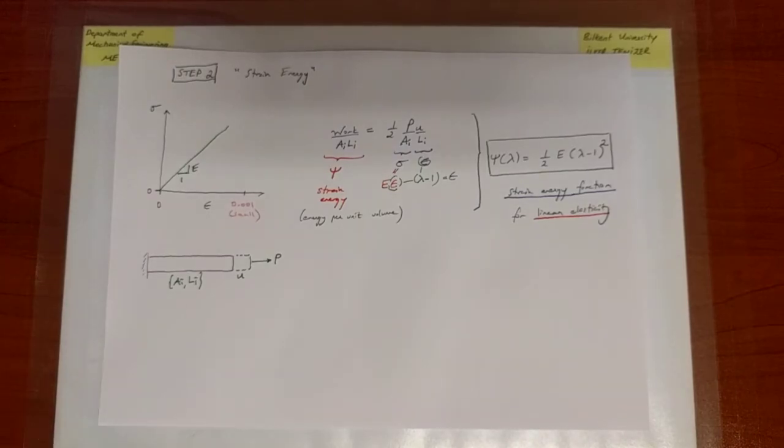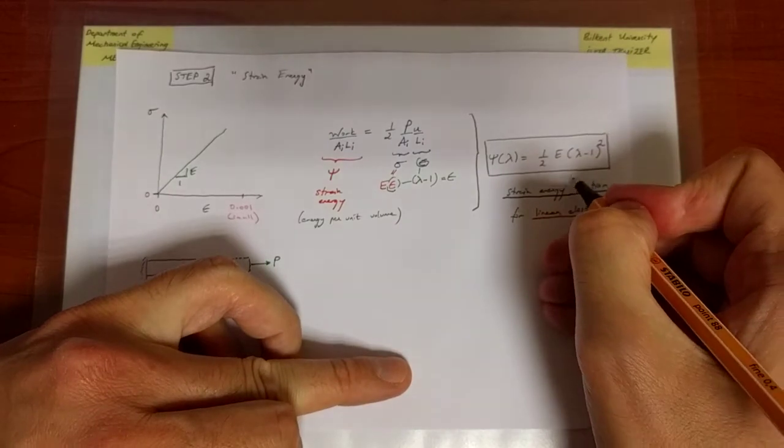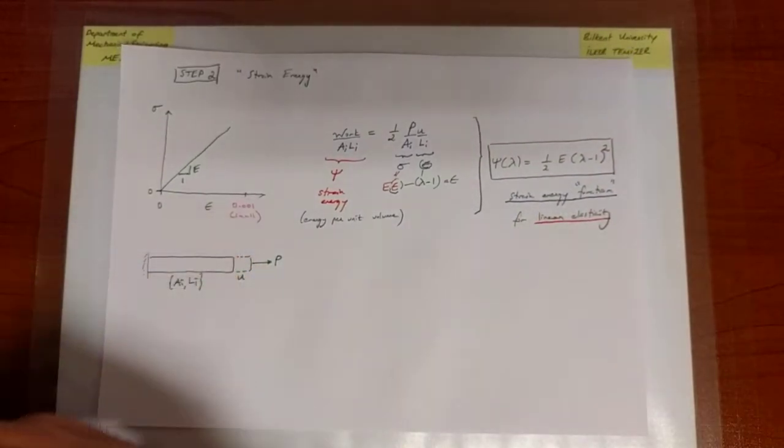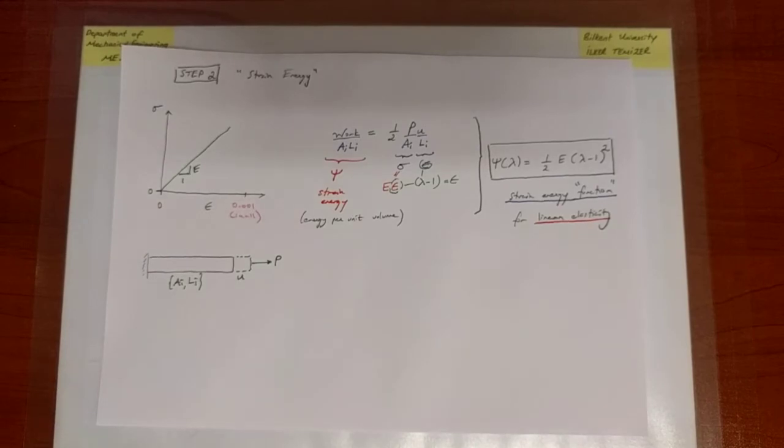Now, we see the word function appearing. Now, that is not a coincidence. A function in general allows us to generate some quantity of interest when we input a quantity of interest, right?